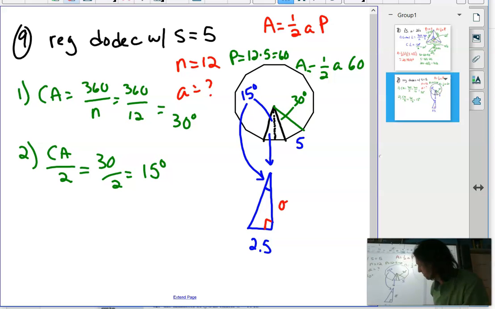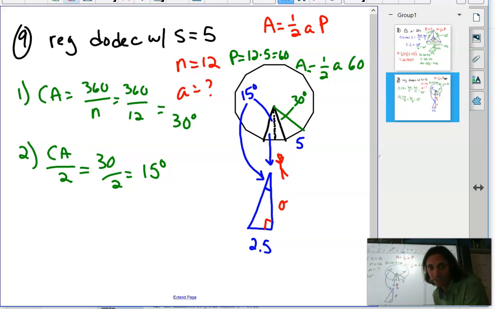I need A. Well, you need to know how to use trig in order to solve this problem. And what it means is I'm standing right here at the 15-degree angle. I know the side opposite me, which is 2.5. I'm looking for the apothem, which is also the adjacent side.